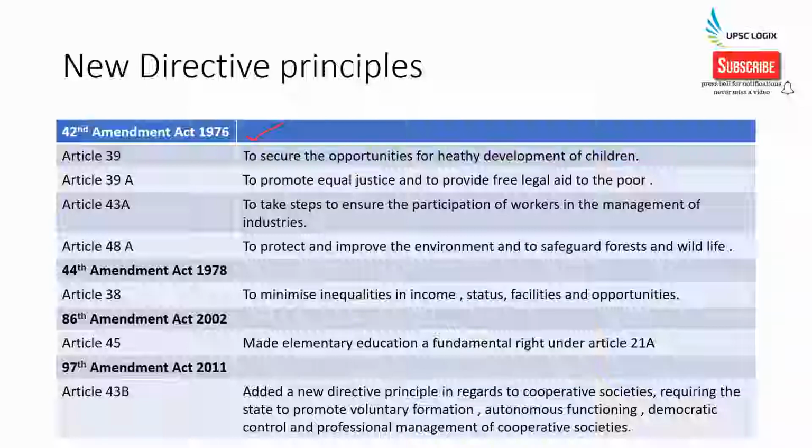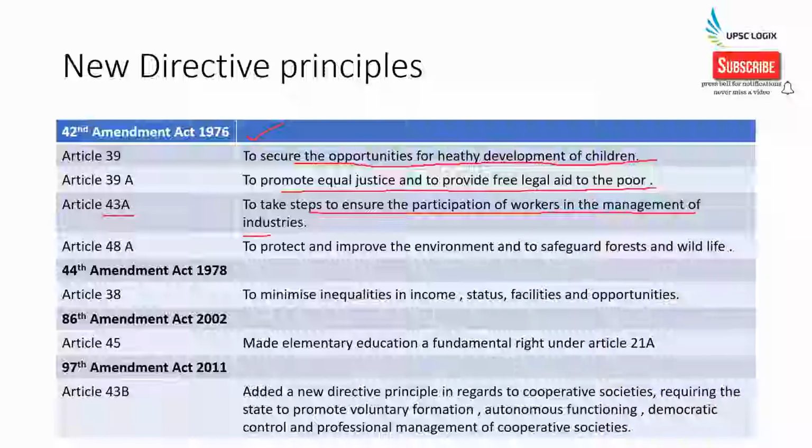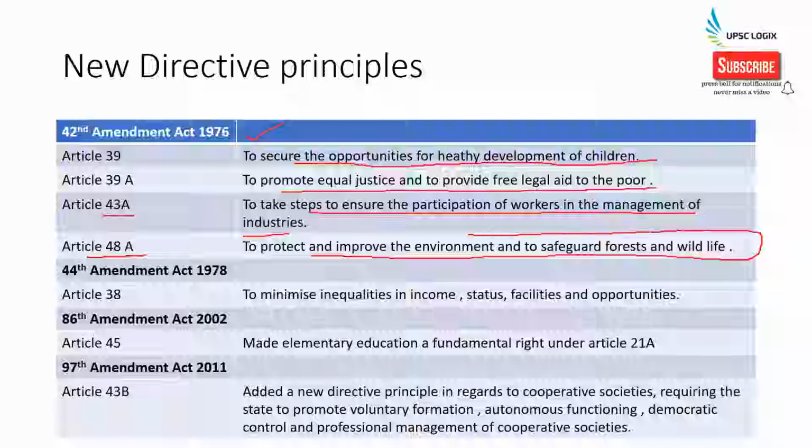Article 39 states to secure the opportunities for healthy development of children. Article 39A says to promote equal justice and to provide free legal aid to the poor. Then Article 43A is to take steps to ensure the participation of workers in the management of industries. Article 48A was to protect and improve the environment and to safeguard forest and wildlife.